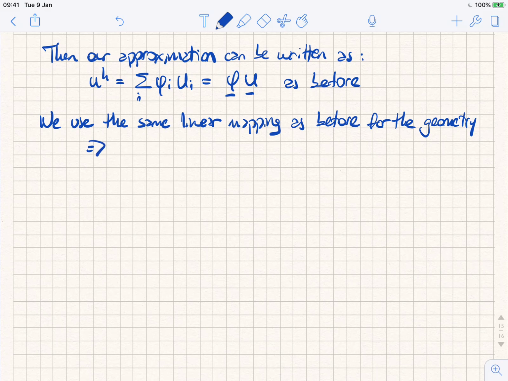But then this is going to lead to a subparametric formulation instead of isoparametric.